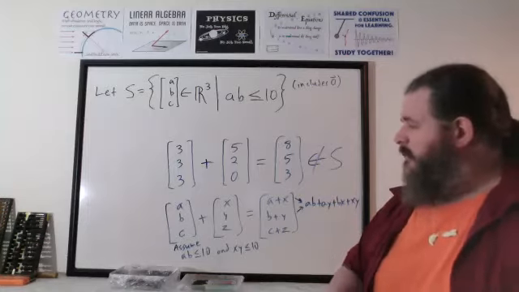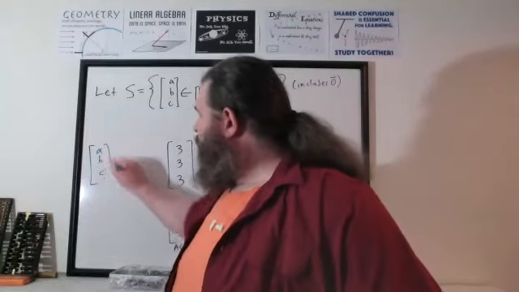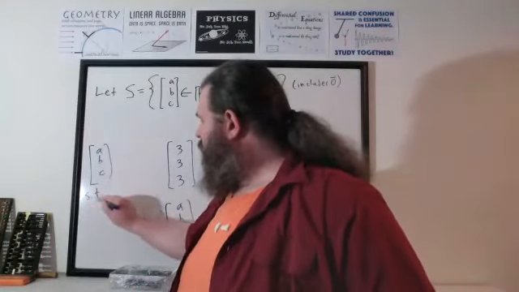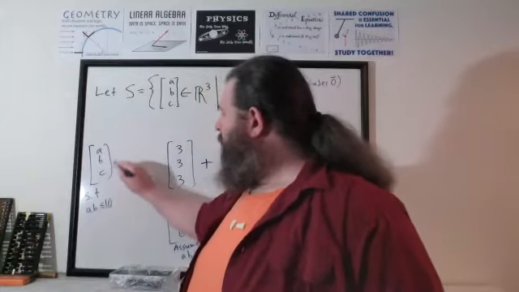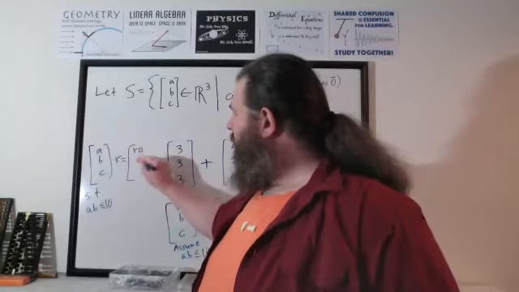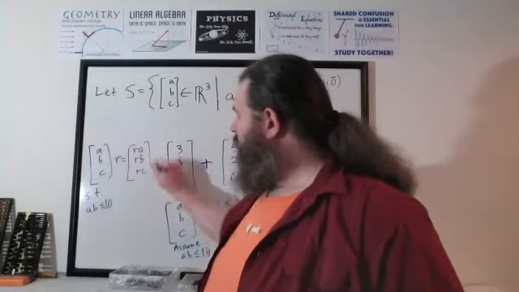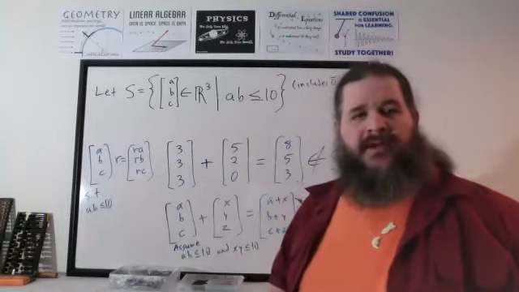Likewise, if we tried scalar multiplication, if we take A, B, C such that AB is less than or equal to 10 and multiply it by some real number R, we get RA, RB, RC. Would we expect that RA times RB must also be less than or equal to 10?